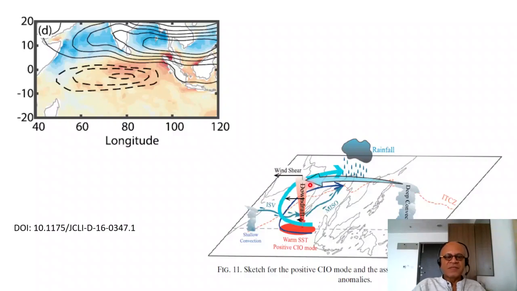So obviously this is not yet complete, but it points to many open questions as far as northward propagation is concerned. And of course the scales as well, because in the Bin Wang paper they don't separate the quasi-biweekly mode.